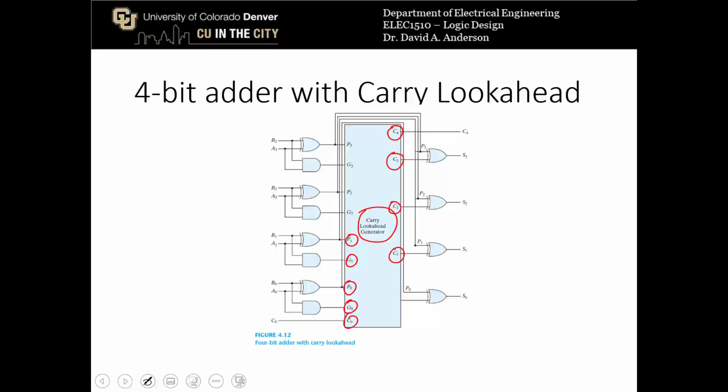And so therefore we need to generate P sub 0 and G sub 0 and all of the other P and G variables by using half adder blocks, as you see there. And then the sum outputs can be constructed as a combination of the carry outs and the P sub I variables.